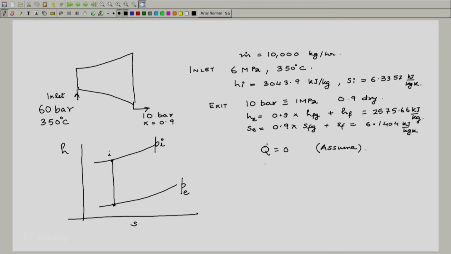In that case we expect that SE should be greater than SI, or the process should have been in this fashion. So, this should have been E star and this should have been E.